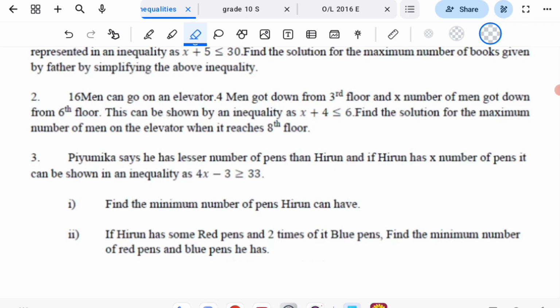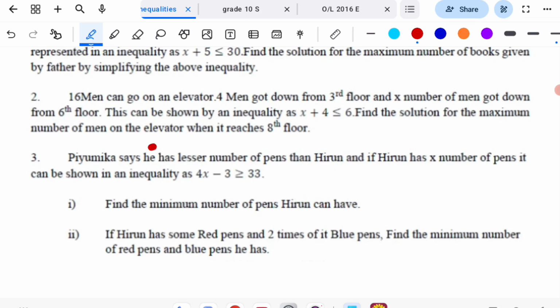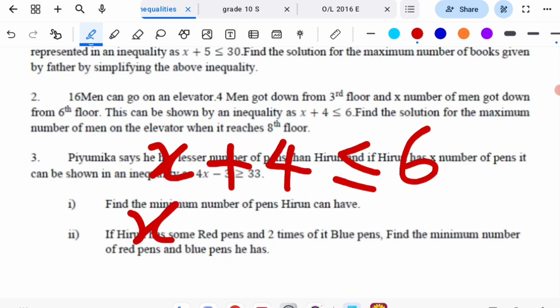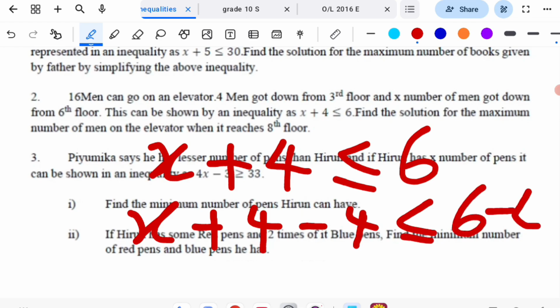In this one, x plus 4 less than or equal to 6. x plus 4 minus 4 less than or equal to 6 minus 4.